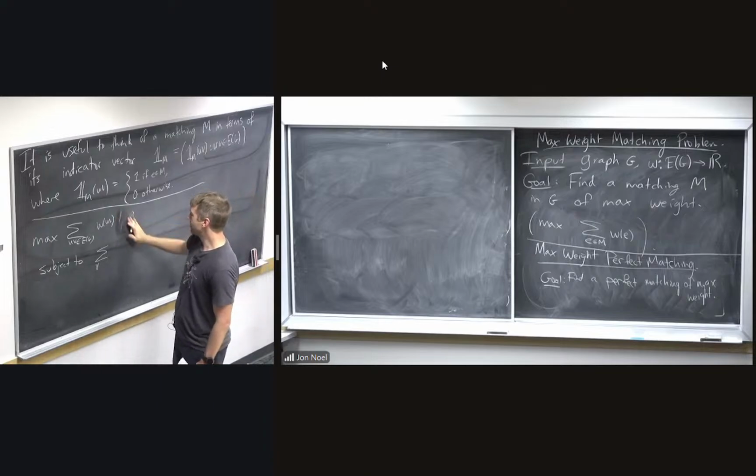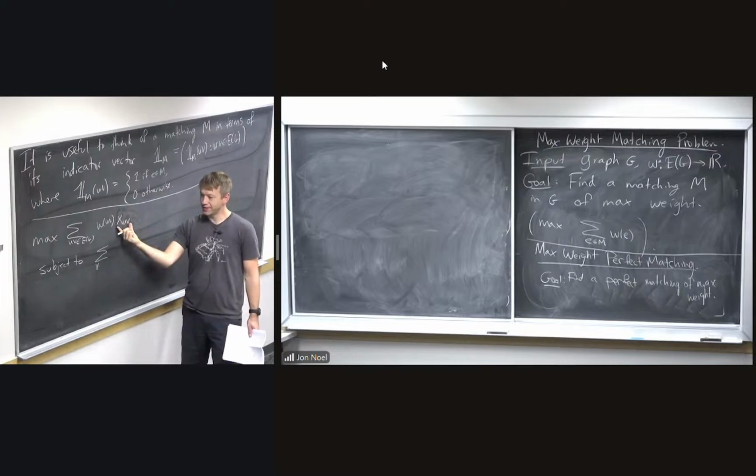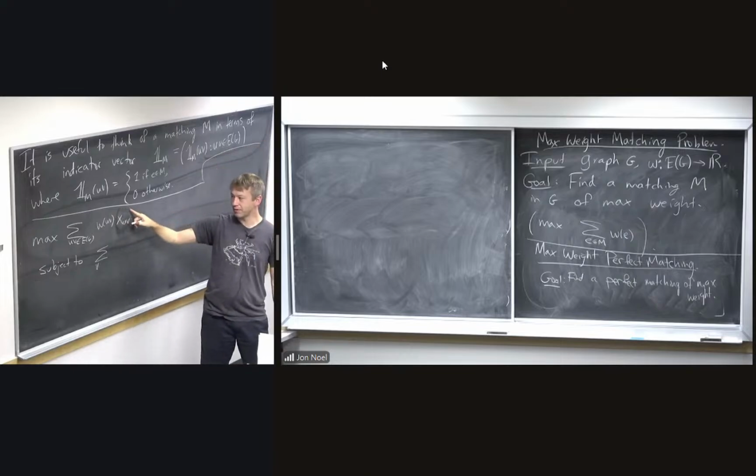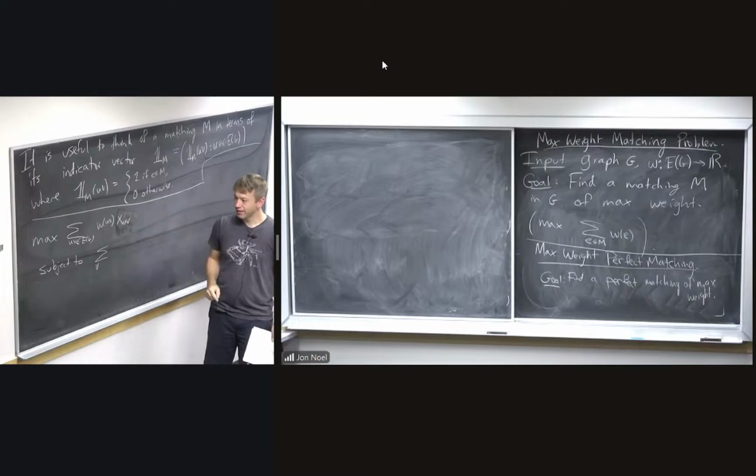Let's actually change this a bit and write it the way we usually write a linear program. Let's change this to x. For each edge, we have a variable x corresponding to that edge, x_uv.